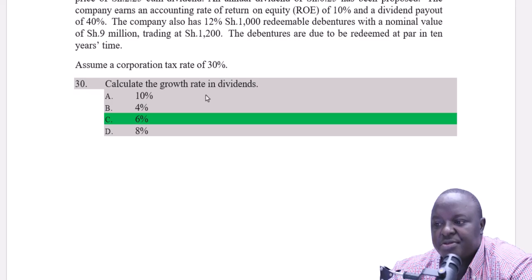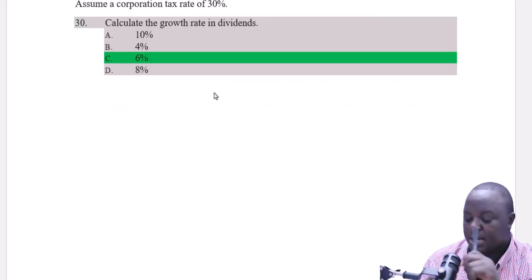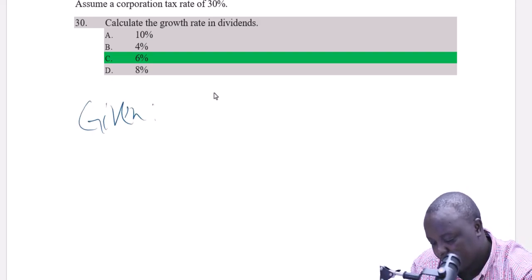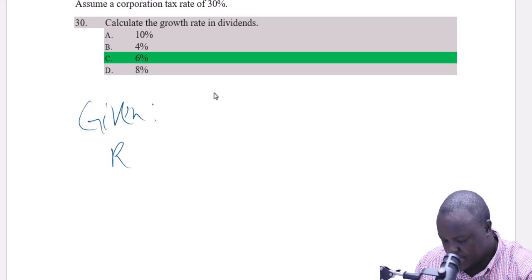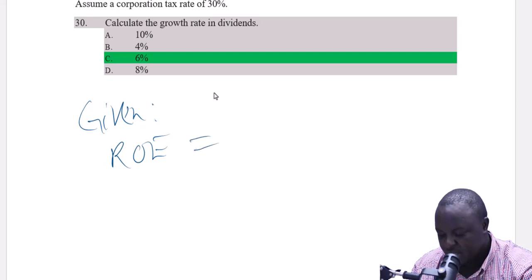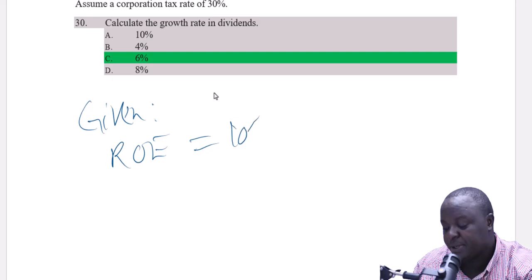Question 30: calculate the growth rate in dividends. Now, we have been given that the return on equity is 10%.